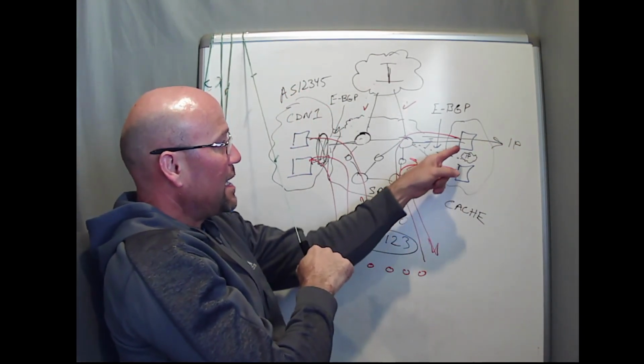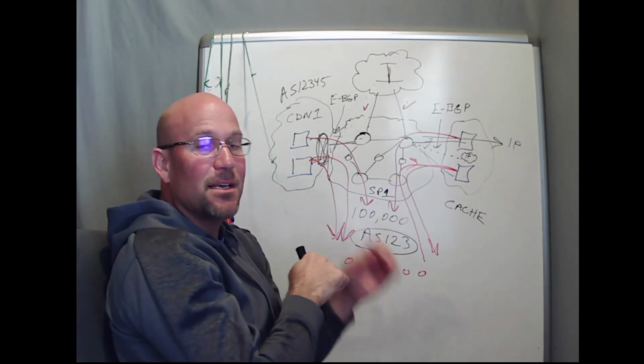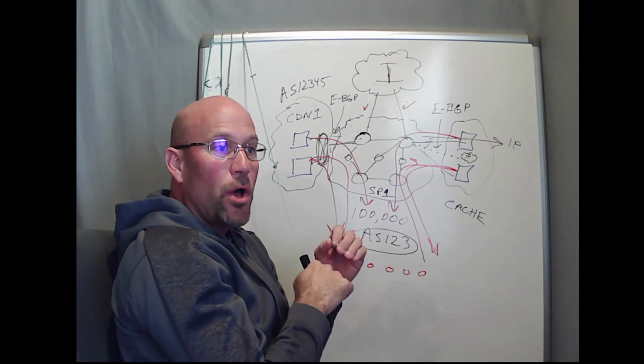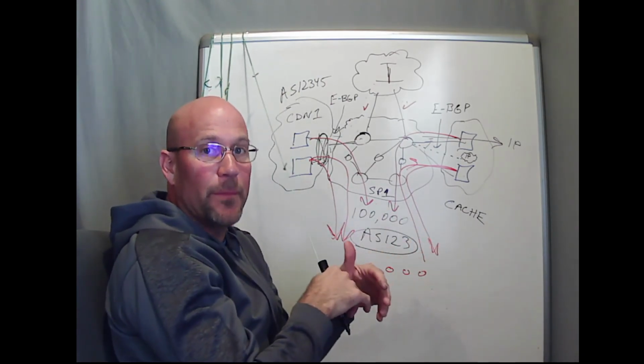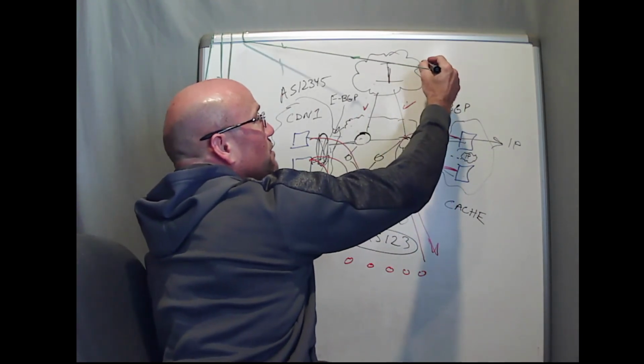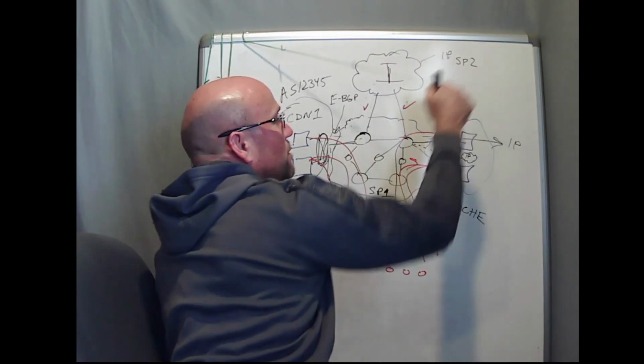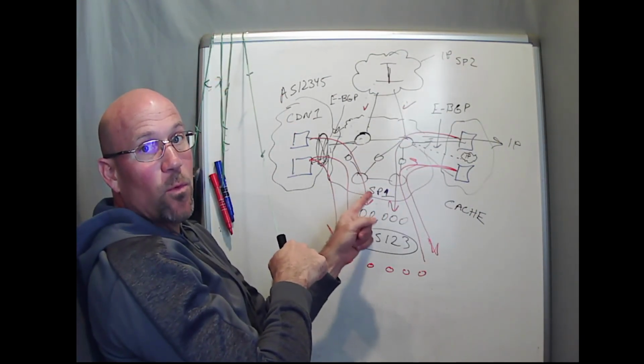I need to send my routes to these caches so that the caches know who to cache out information for. You don't want these caches providing services to IP addresses up here in SP number 2. You're doing it for SP number 1.